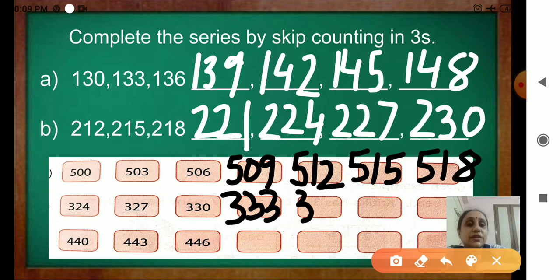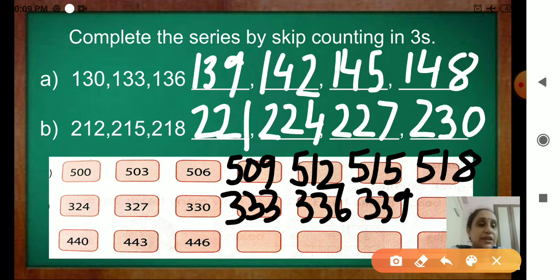Then after 333, 334, 335, 336. Yes, 336. Then 337, 338, 339. So write 339. And then after 339, 340, 341, 342.